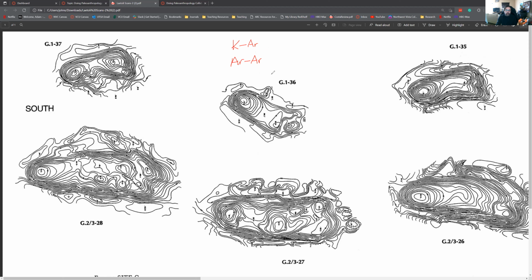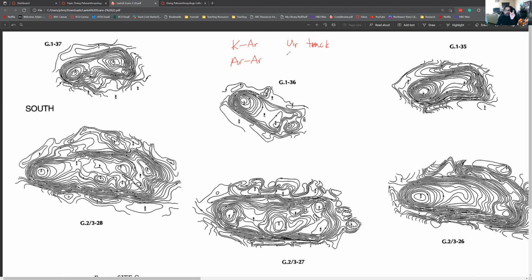We can do uranium track dating. This looks at the radioactive decay of uranium. But when uranium decays, because it's such an energetic element, it actually moves in the substance in which it's been trapped.